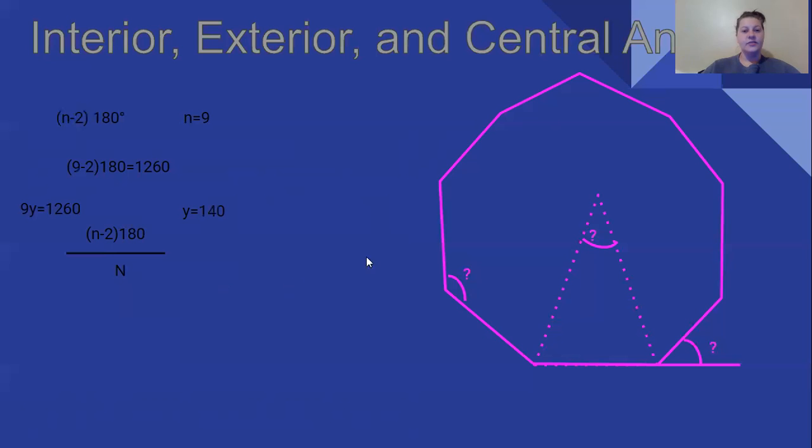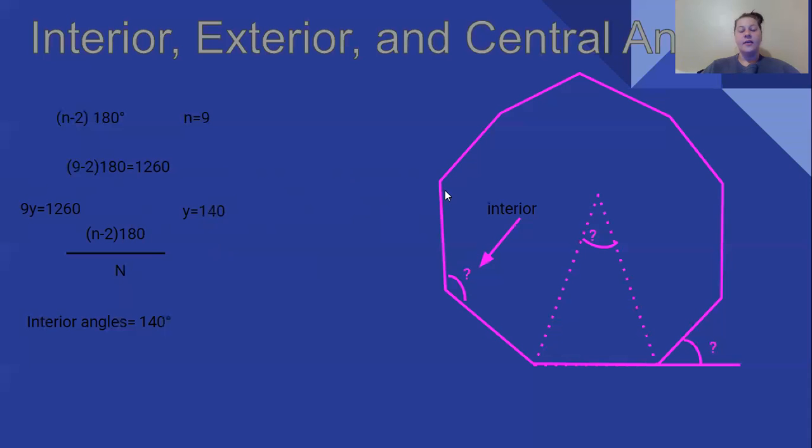Now to do your central angles, we're going to do n minus 2 times 180 divided by n. Again, here's our interior angles. They're equal to 140 because we're dividing 1260 by 9, giving us just y.